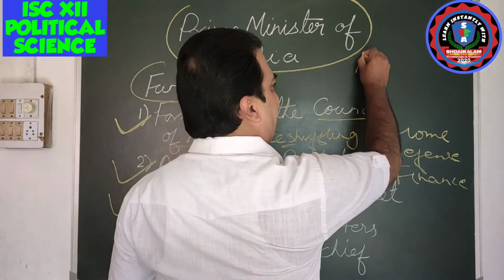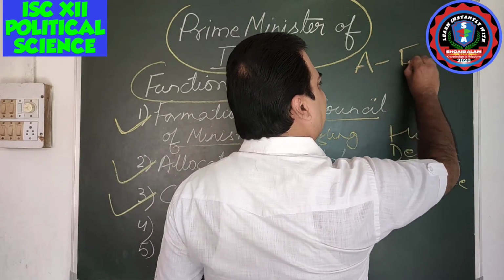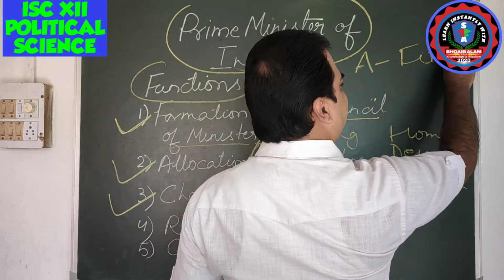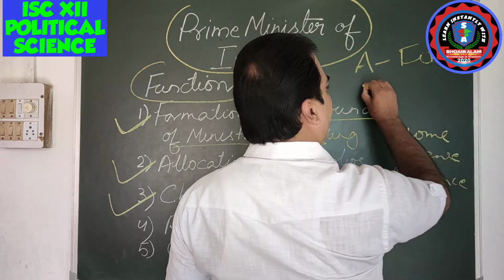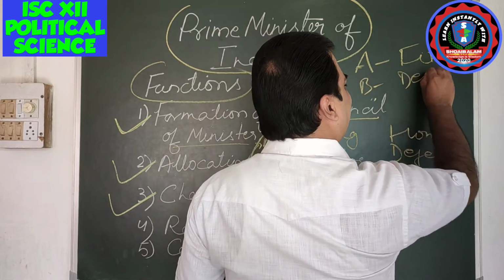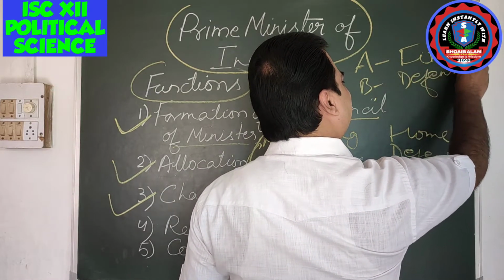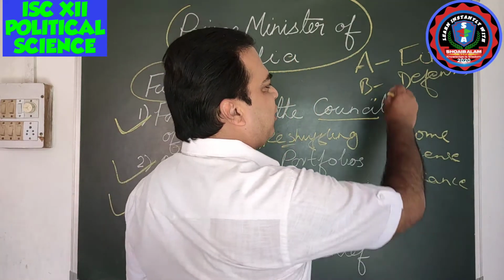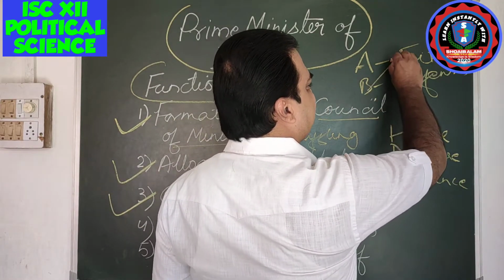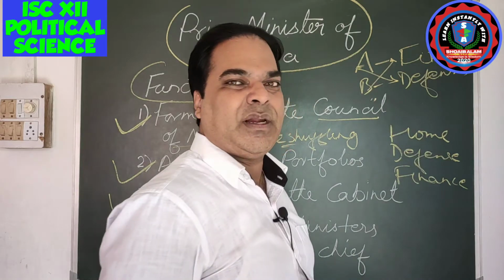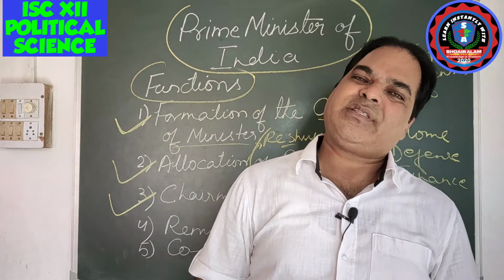For example, A is the finance minister and B is the defense minister. Now I make B the finance minister and A the defense minister. I moved them from here to there, so I reshuffled.